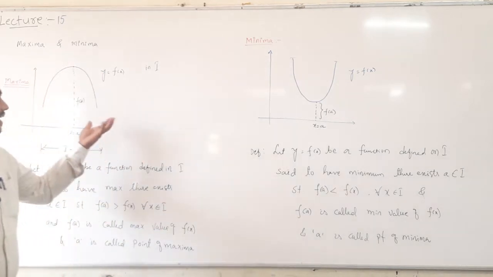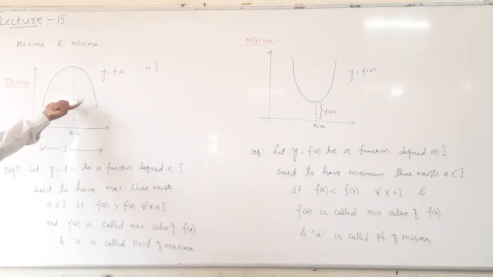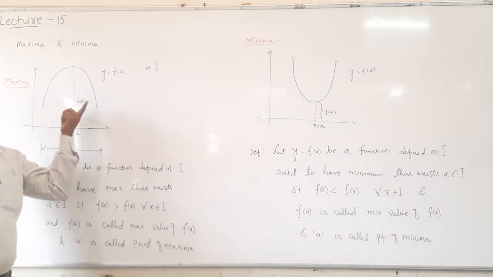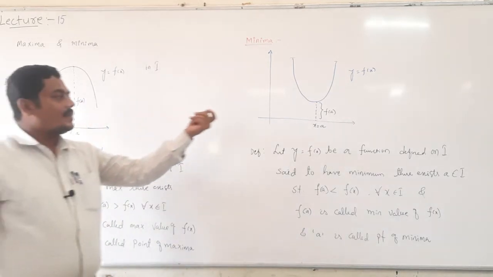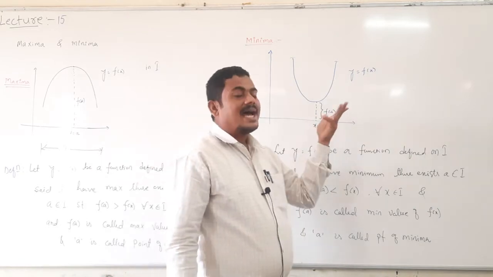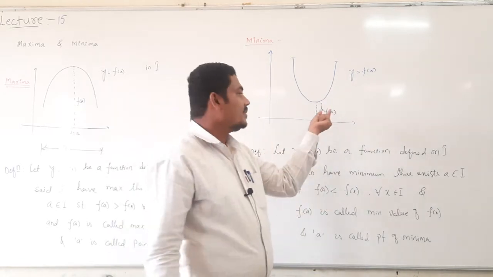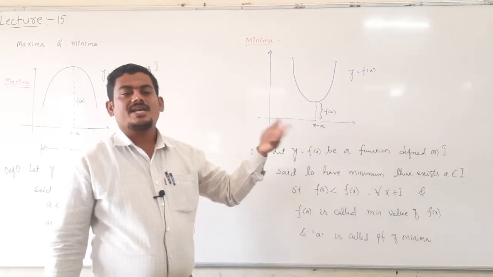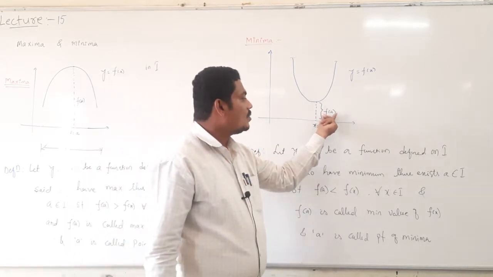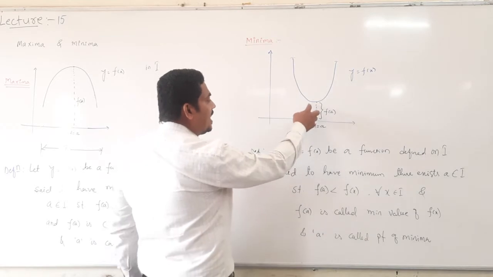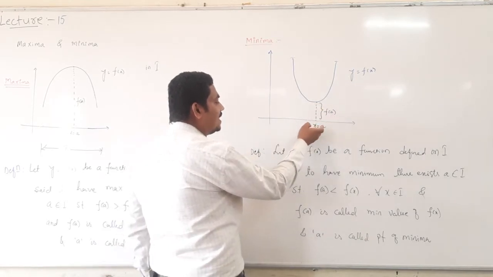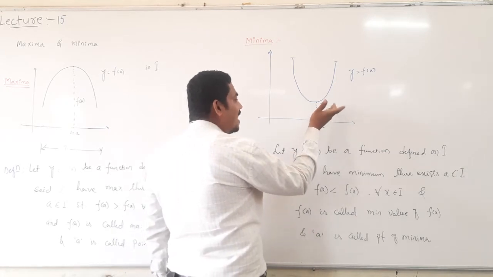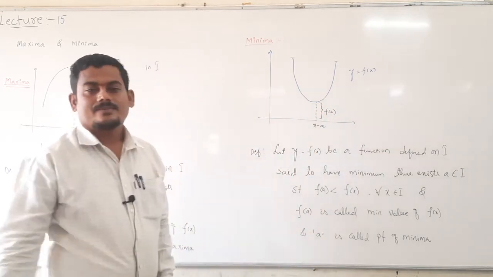F of a is said to be the maximum value of the function only when all the remaining functional values are less than f of a. F of a is said to be the least value, meaning minimum value, when all the remaining functional values are more than f of a. You can take the functional value either for x less than a or more than a, all the values are more than this value only.